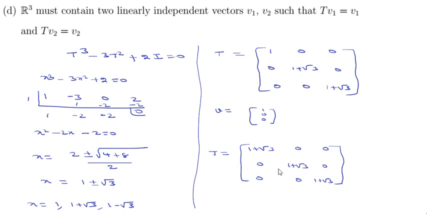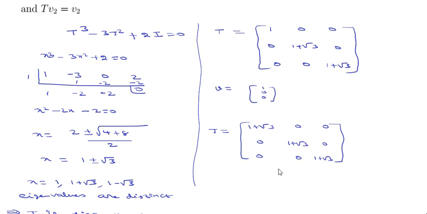Then you cannot find such a vector. For this matrix, there doesn't exist V such that TV is equal to V. Again, we can check that this matrix satisfies the given condition.